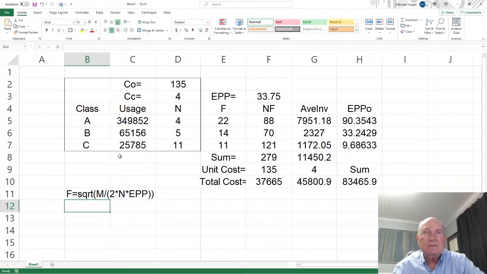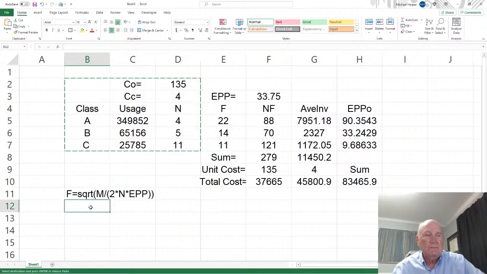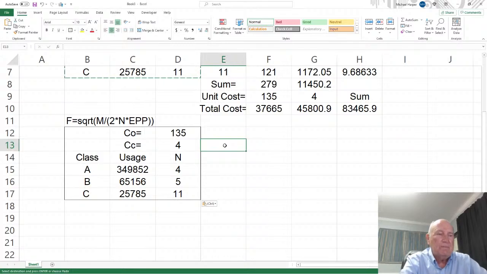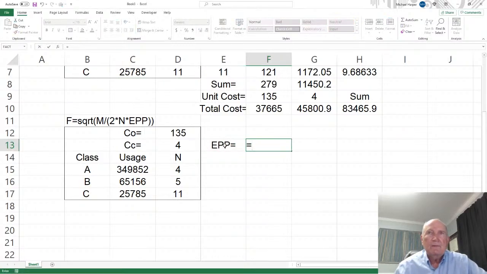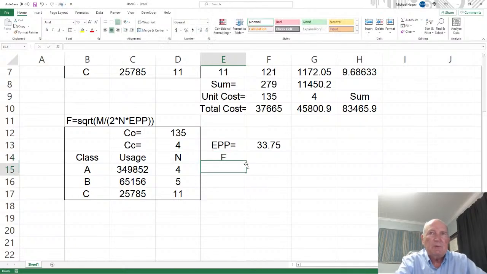So let's bring this down here again. Now let's do the EPP again, which equals the ordering cost divided by the carrying cost. Now we want the optimal frequency.